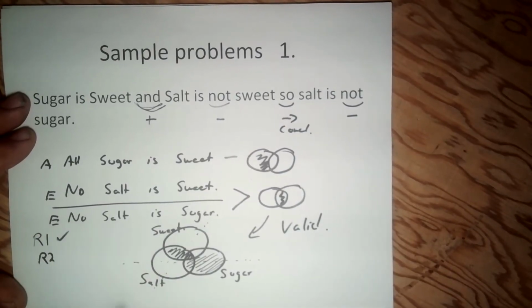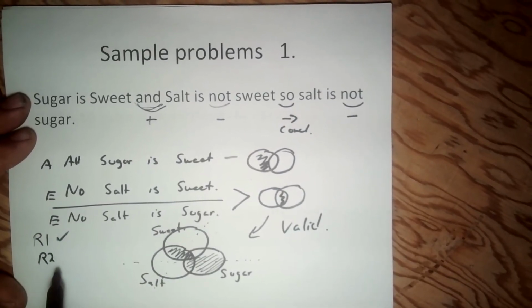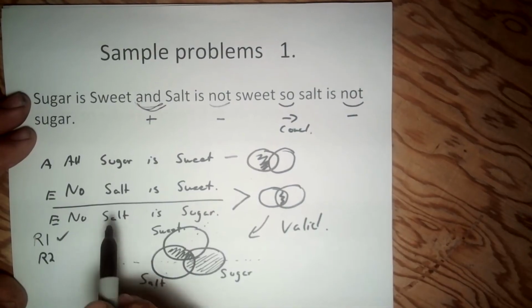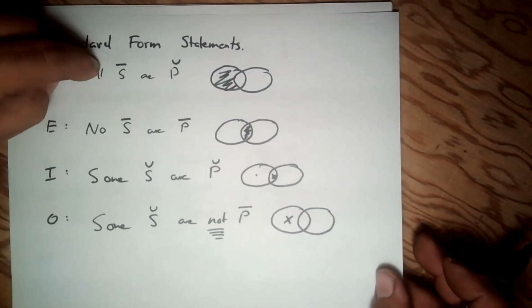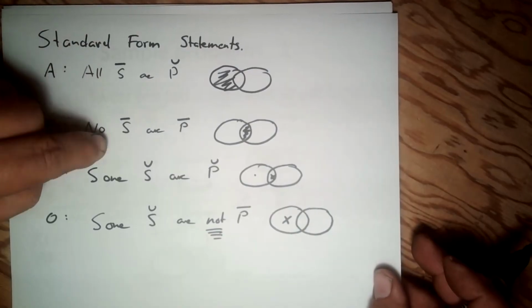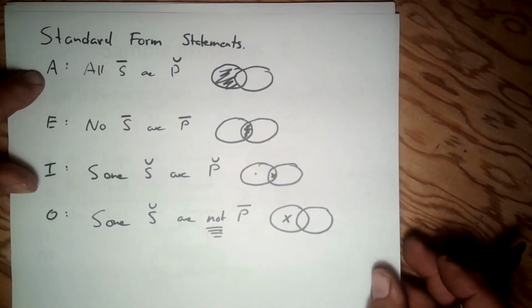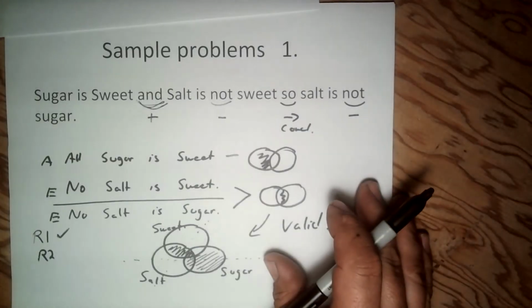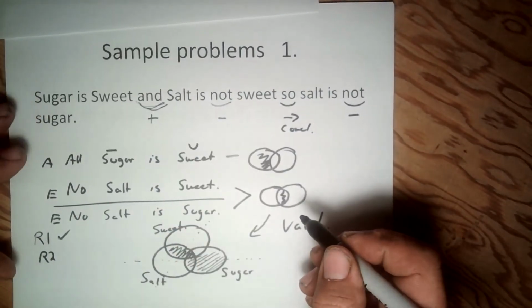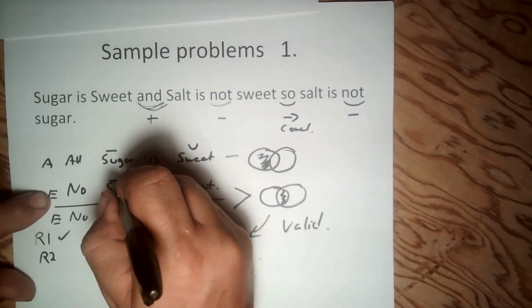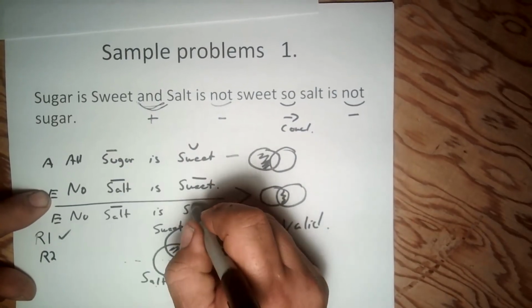Rule 2, middle term must be distributed at least once. So it might behoove us now to just mark the distributions here. And if you're not sure, you go, oh yes, I remember the distributions are exactly determined by the statement form. So an A form statement always has these distributions. And E-form statements are such that everything is distributed.